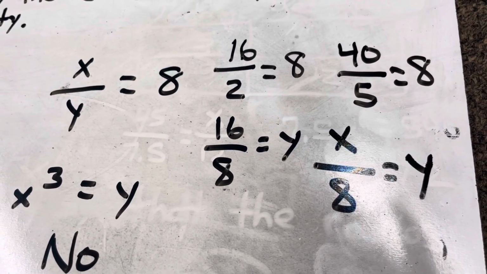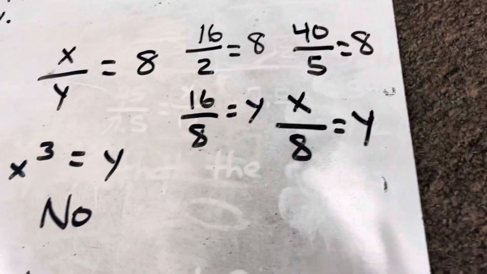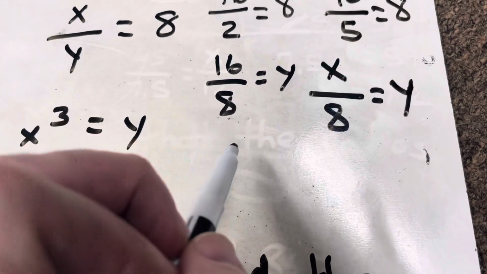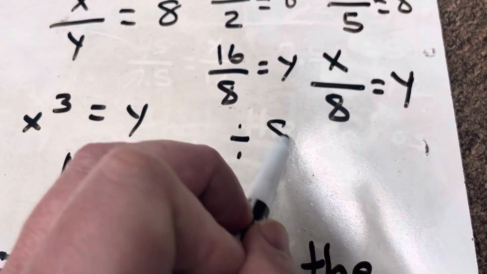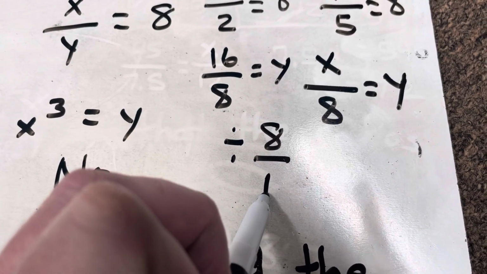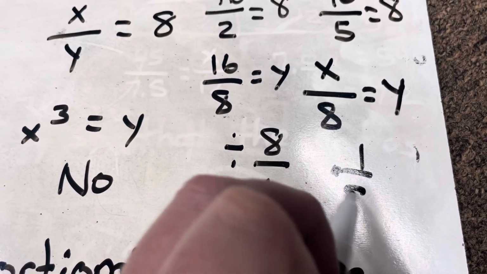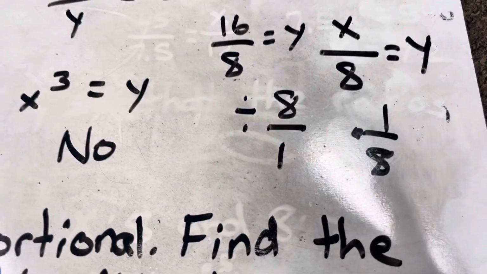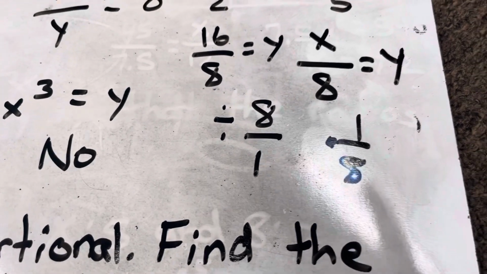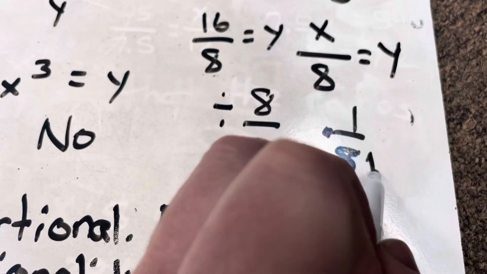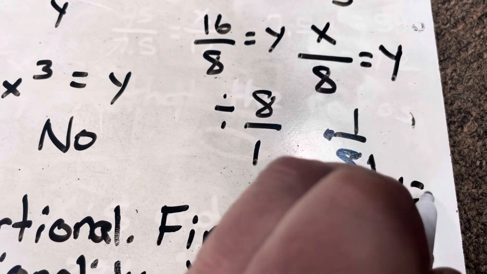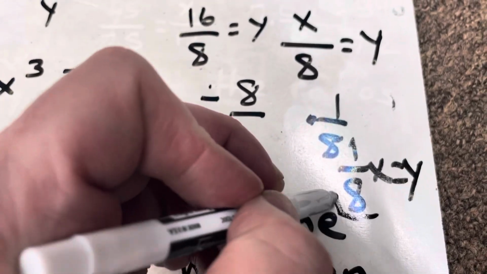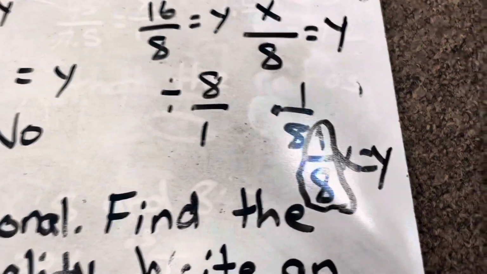Well, that's interesting. Now I've isolated y by saying x divided by 8 equals y. But of course I know when I divide something by 8 over 1, it's the same as multiplying it by 1 over 8. Which means that 1 over 8x equals y. Which means not only is this a yes, but my constant of proportionality is 1 over 8.